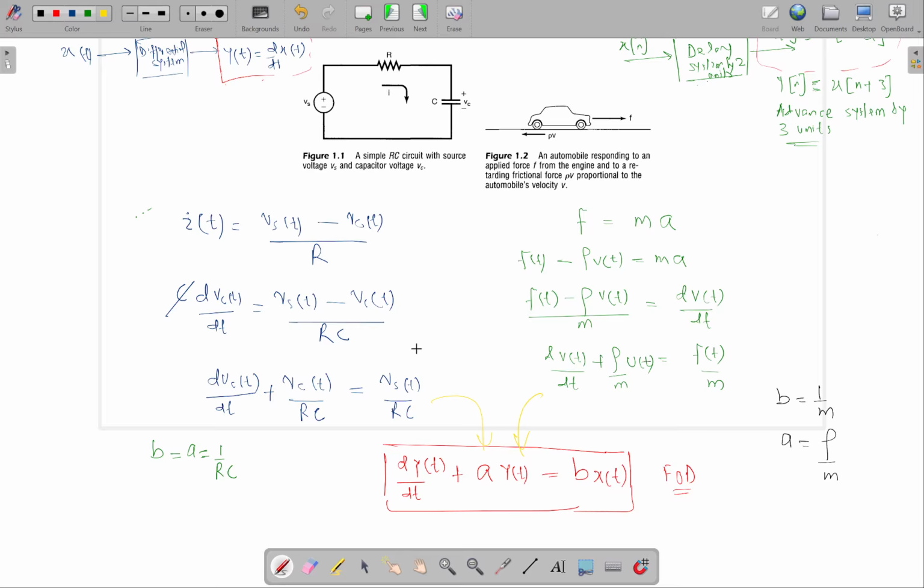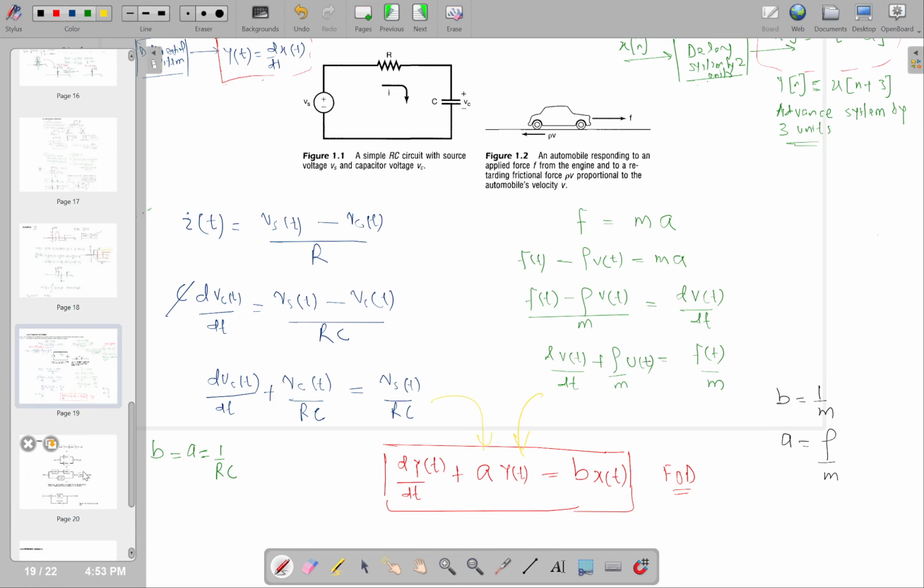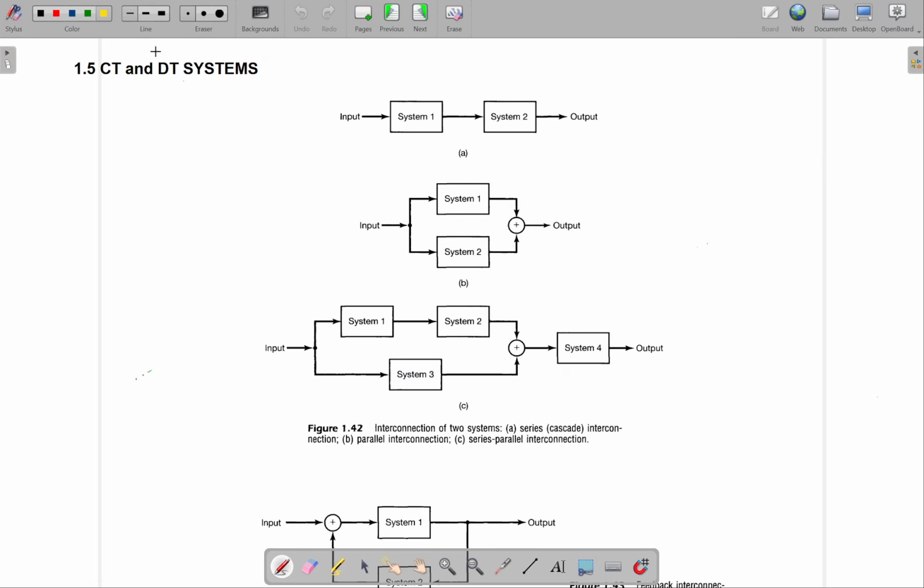So now we are going to look at a few different interconnections of the systems to conclude this particular video. So when it comes to the interconnections of the systems, we can connect two systems in a different manner. So this particular connection, which is drawn over here, is basically a series interconnection.